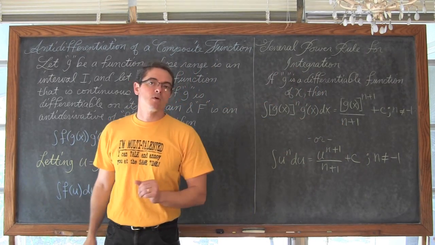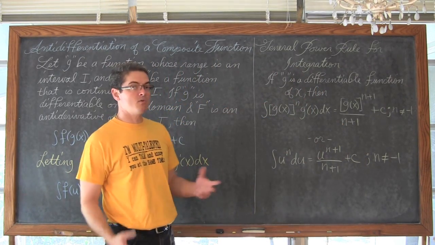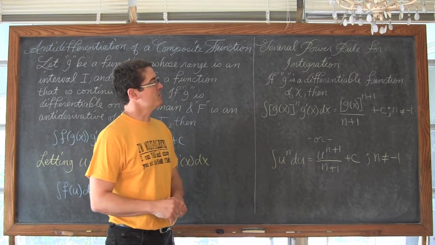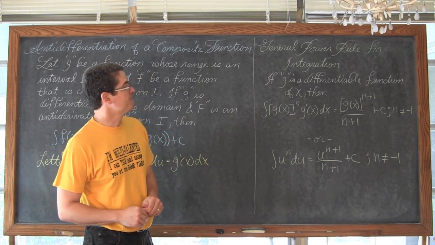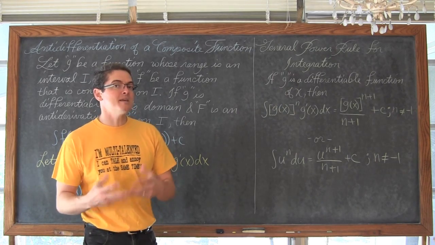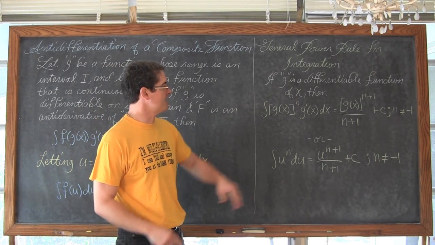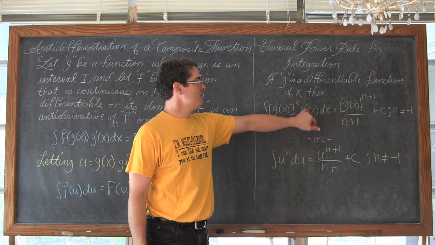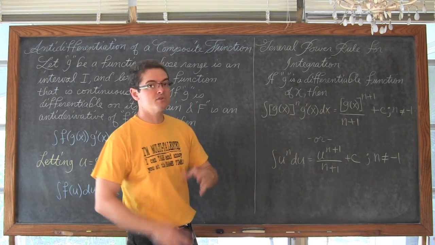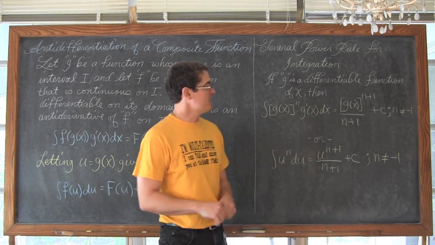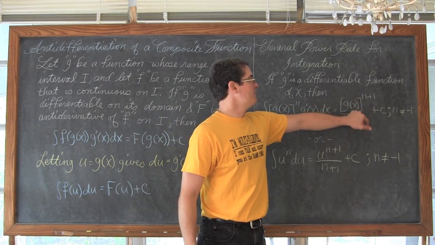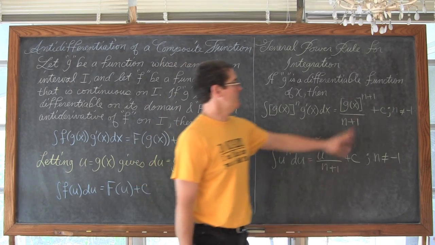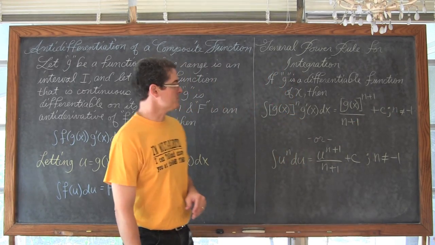You're also going to see, as I work through these examples many times, and you already have, the general power rule for integration. If g is a differentiable function of x, then the integral of g of x to the n power times g prime of x, again that inside function, chain rule process, dx, is g of x raised to the n plus 1 divided by n plus 1 plus c, where n is not equal to -1.